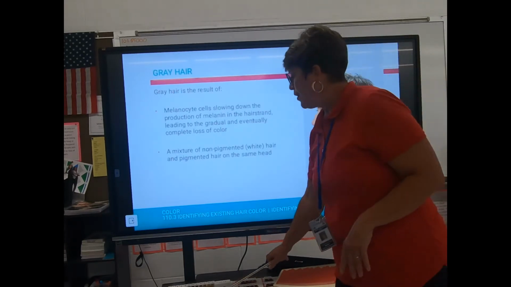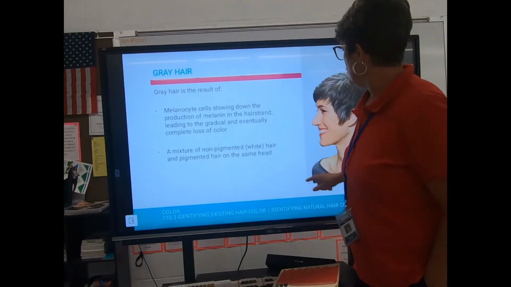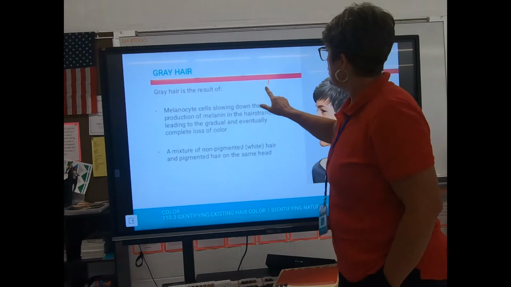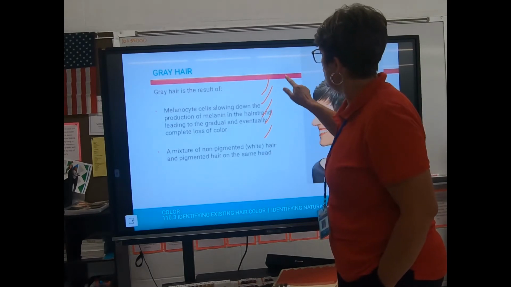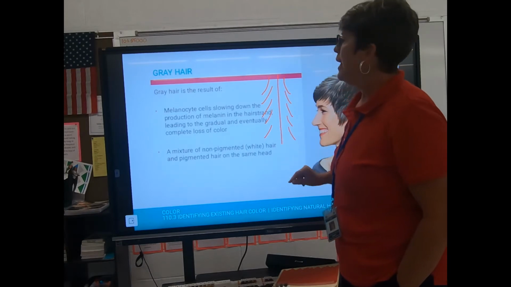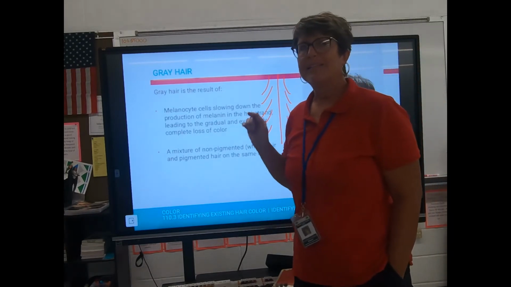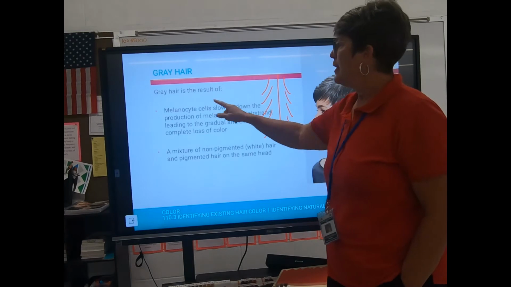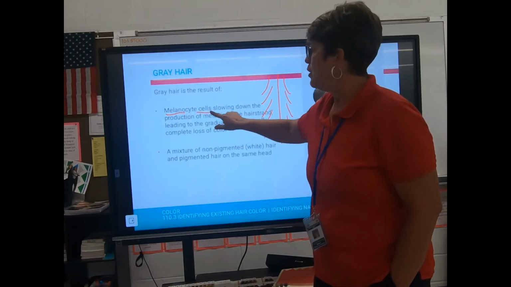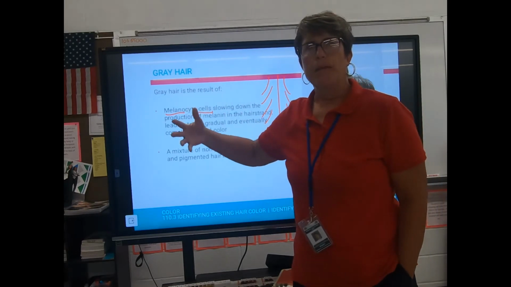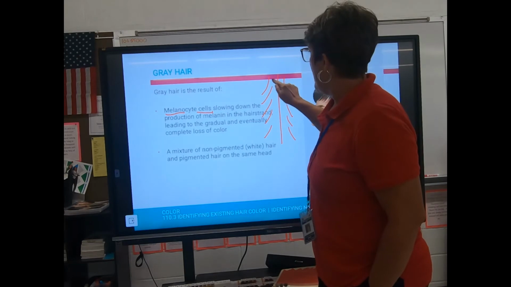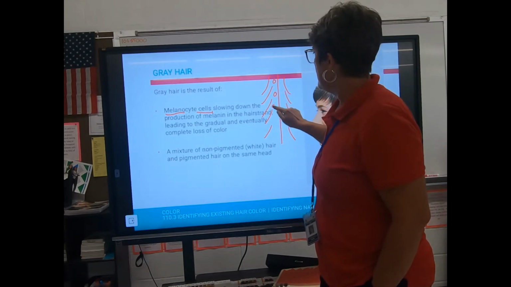Okay, gray hair. I drew that picture of the hair strand, and now I'm going to draw one. So there's my cuticle. Here's my medulla. Now my cortex still has melanocytes, melanin cells, cells that used to contain pigment, but now they're sitting in there empty.